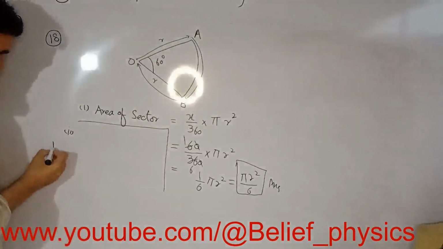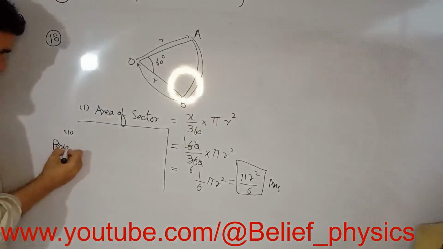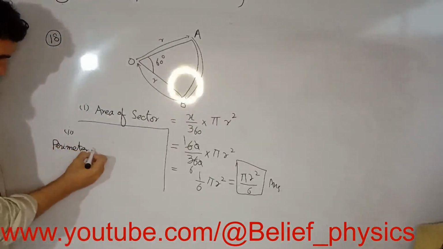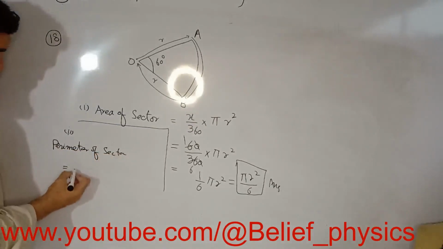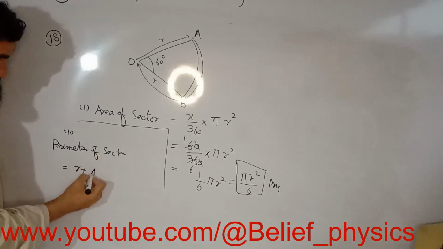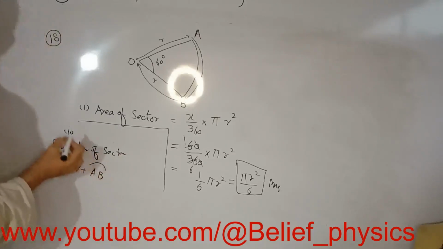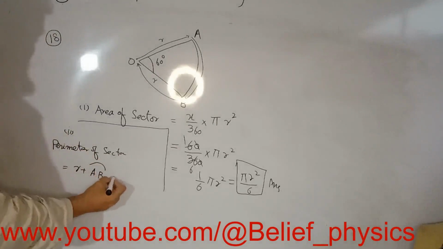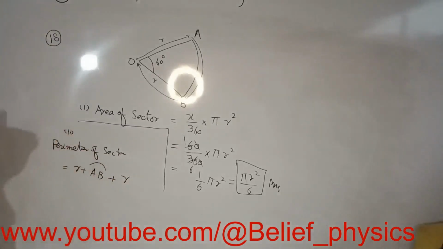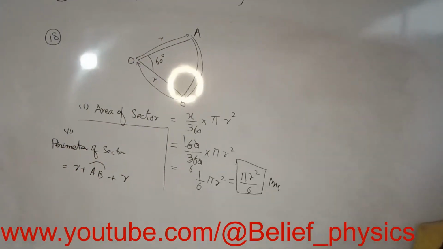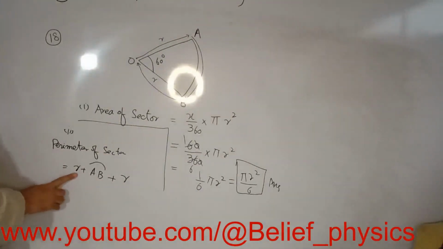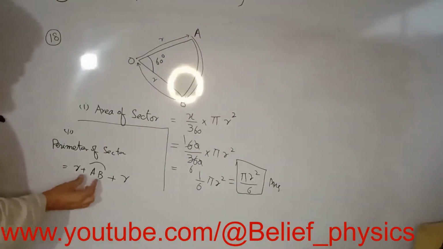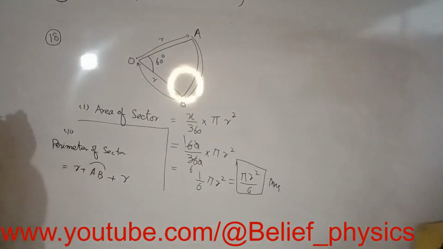Second, we have to find the perimeter of the sector, which is equal to R plus arc AB plus again R. Now we have to find this in terms of pi and r. We should know the formula for the arc length.